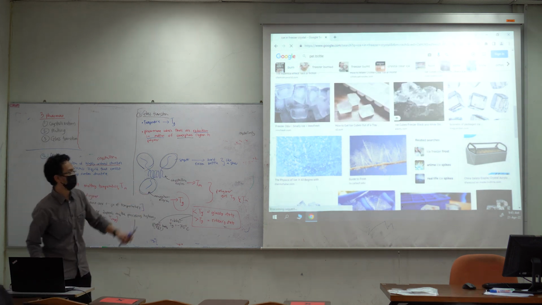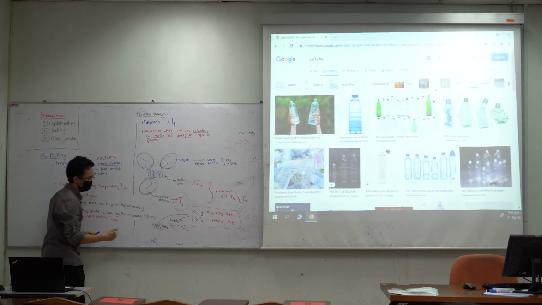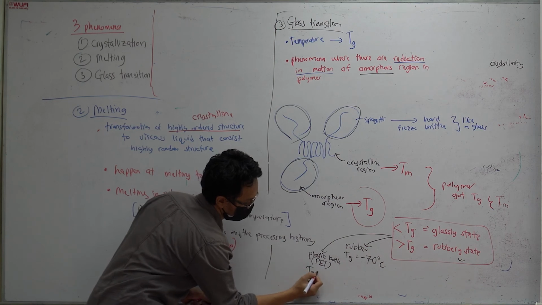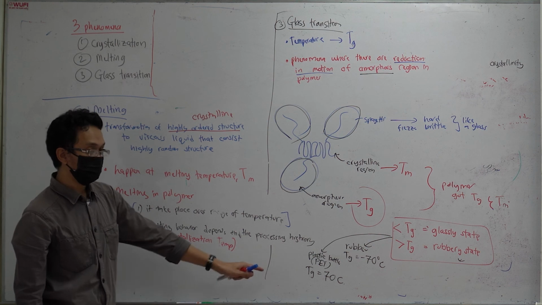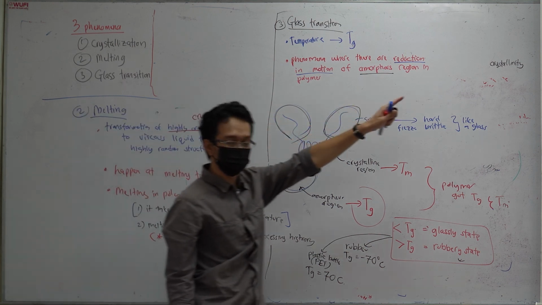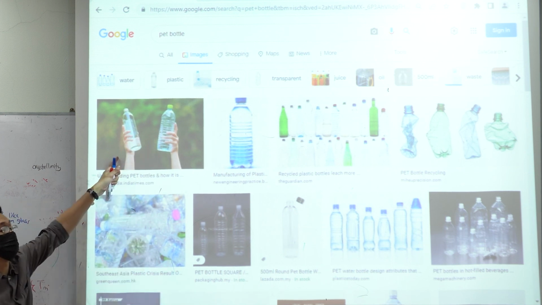You see the PET bottle is like that. So this PET has a TG of about 70 Celsius. So if you have a plastic bottle now, you can see this plastic bottle at the normal room temperature.